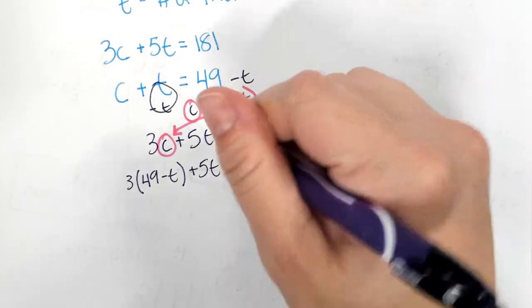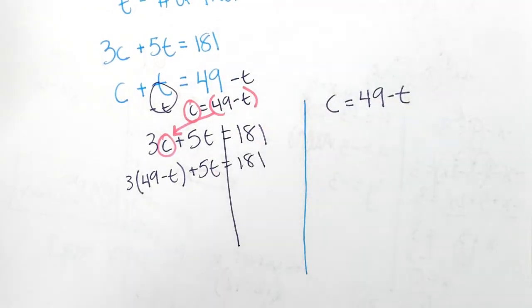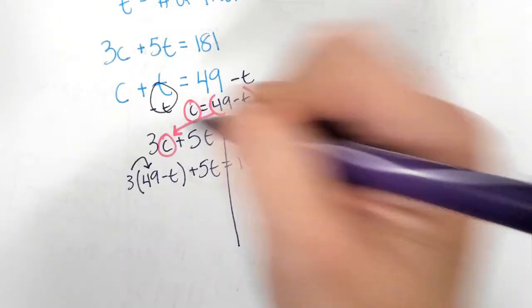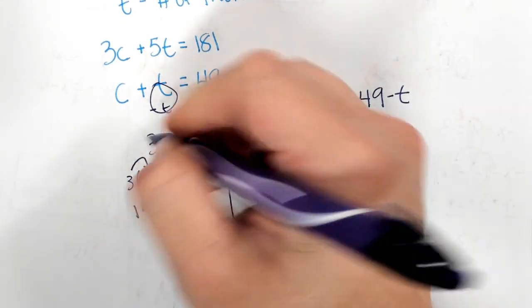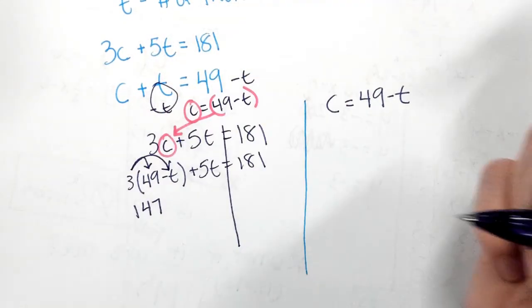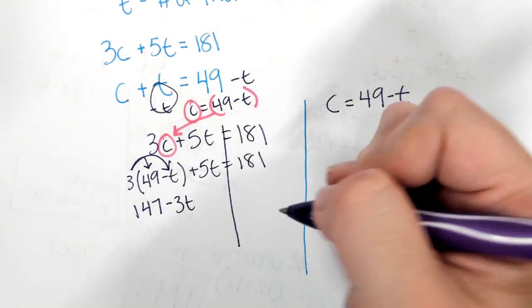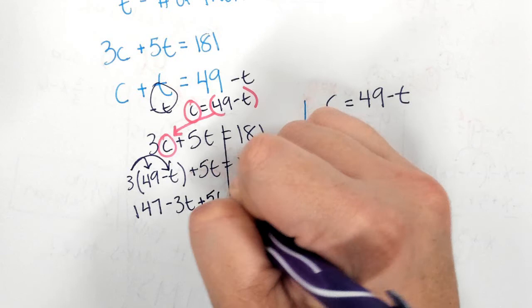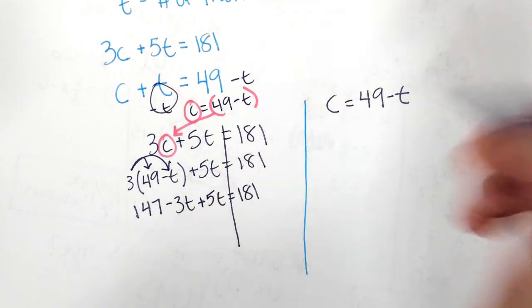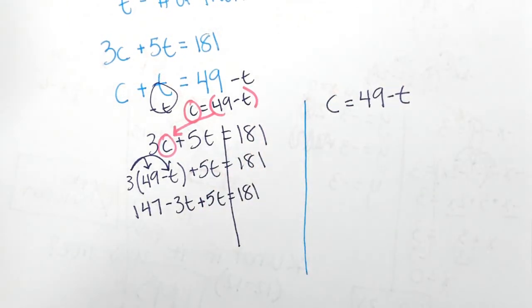Now what? Distribute. What's 3 times 49? 147. And then 3 times negative T? Negative 3T. Bring down my plus 5T equals 181. Now what? Combine like terms.